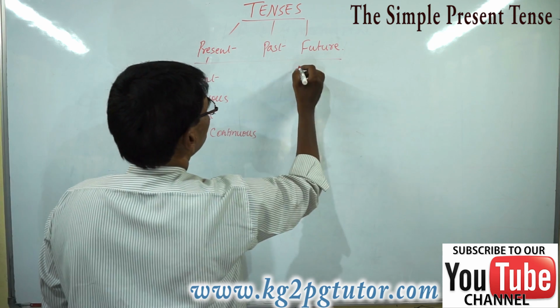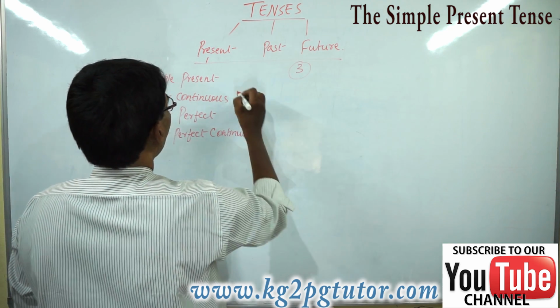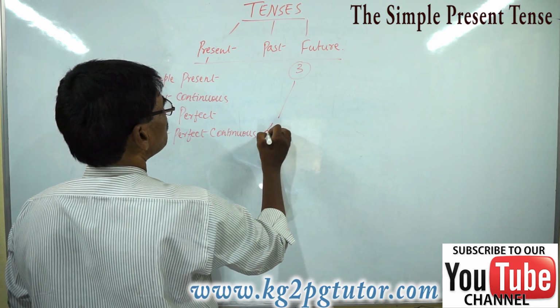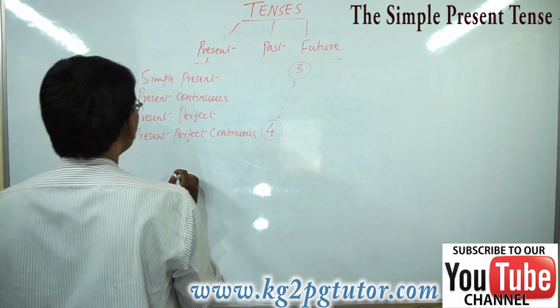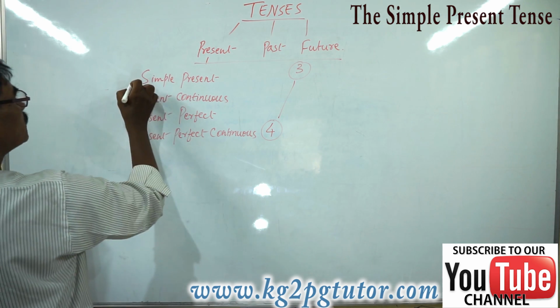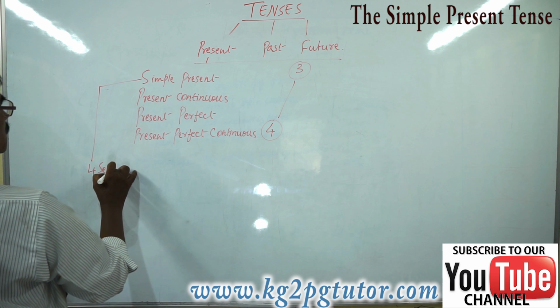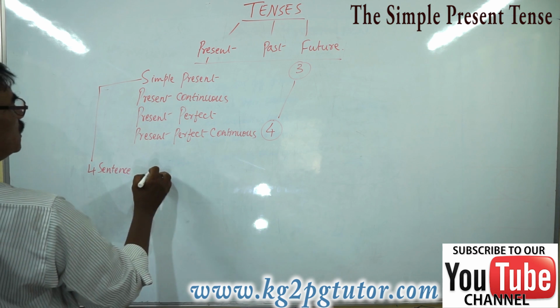Here we have three main tenses, and we also have this subdivided into four more types of sentences. Here each tense has four sentences. What are these four sentences?